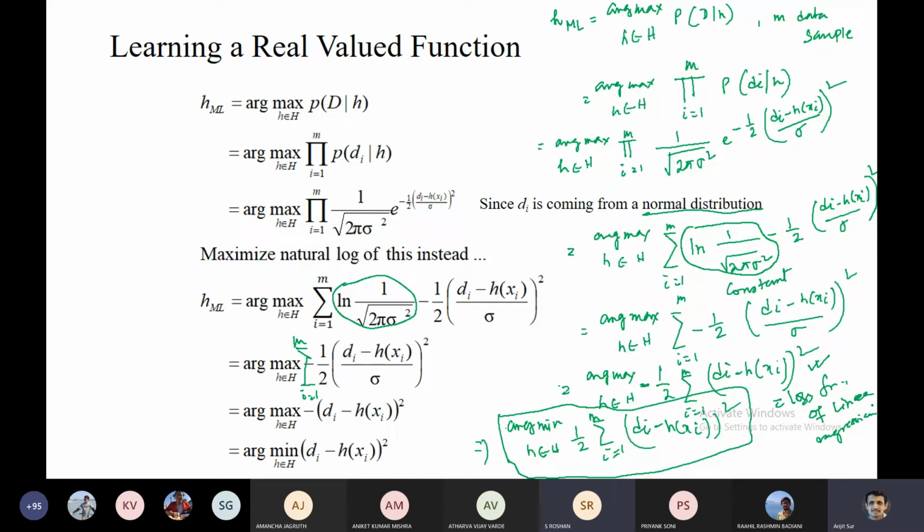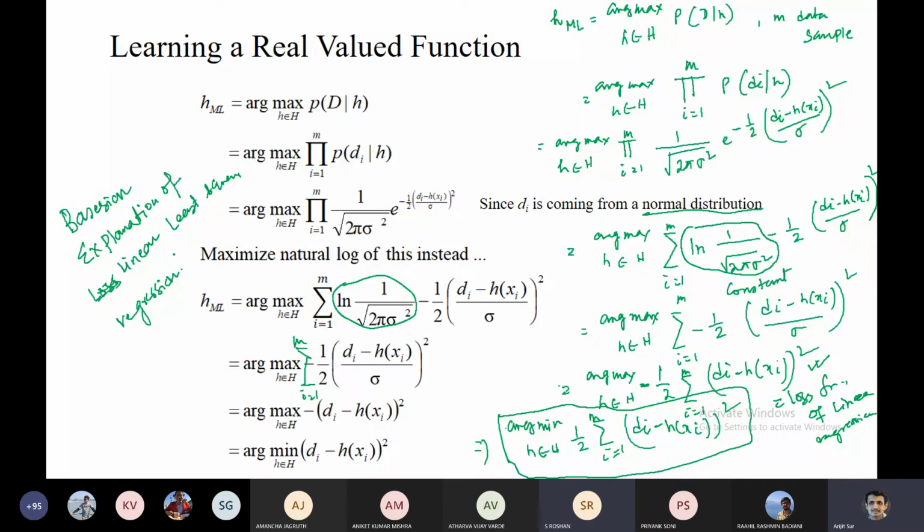Now you see that this is the Bayesian explanation of the loss function of linear least square regression. Get it?